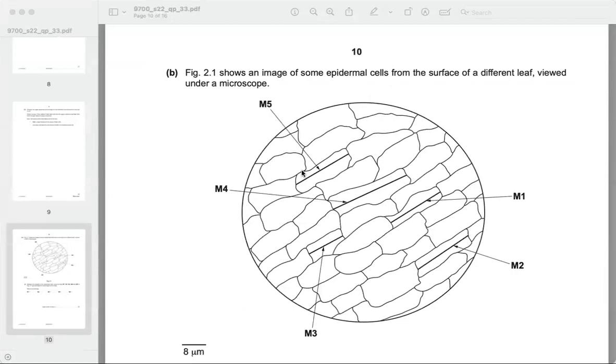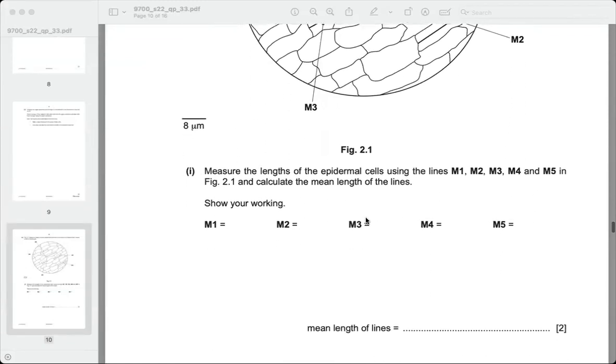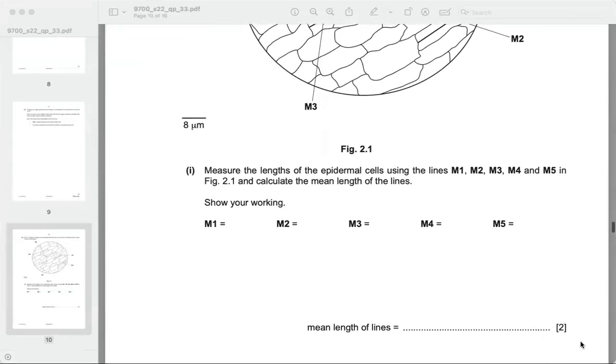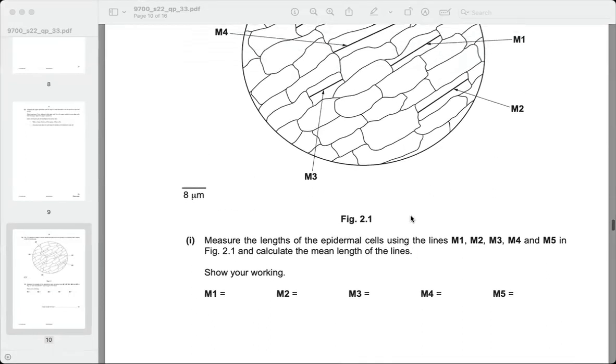Now the B part can be of many different types. So in this paper, the B part talks about the image of some epidermal cells which have been shown to you. This is a very easy question and it is for 2 marks. All you have to do is measure the length of epidermal cells using the lines M1 and M2.